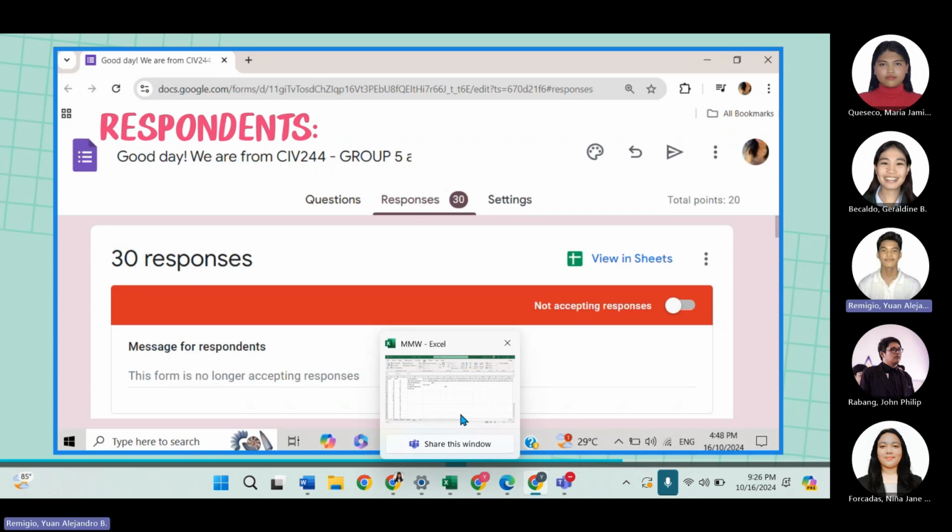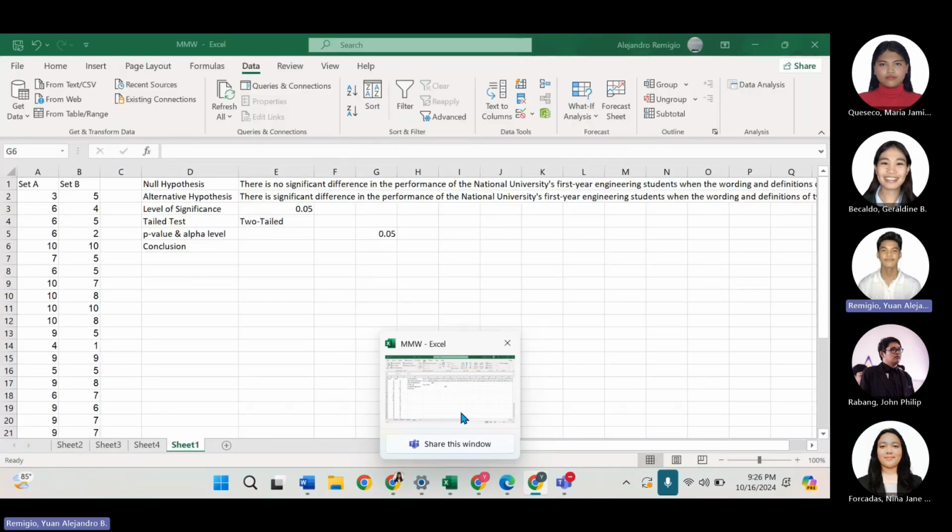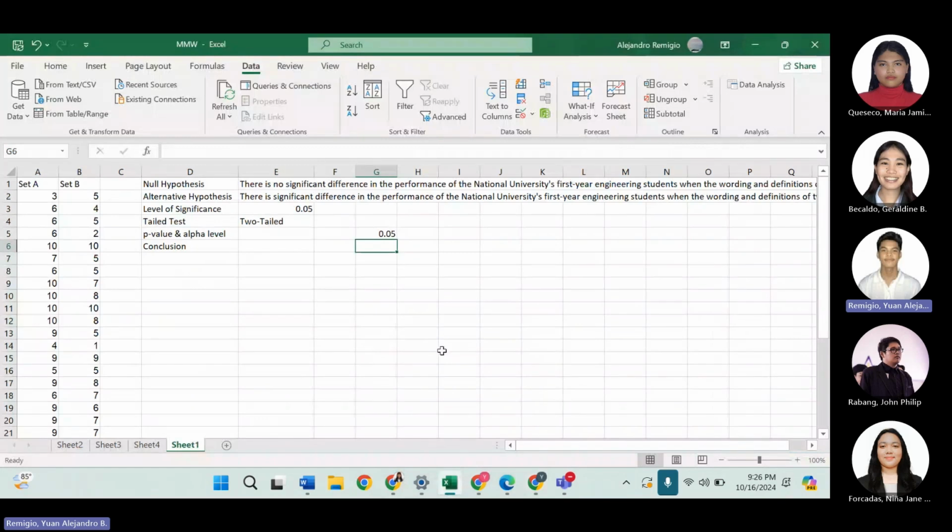So let's proceed to the Microsoft Excel, where we will analyze our data. First here, we have the set A and set B, where the first set is the first quiz.